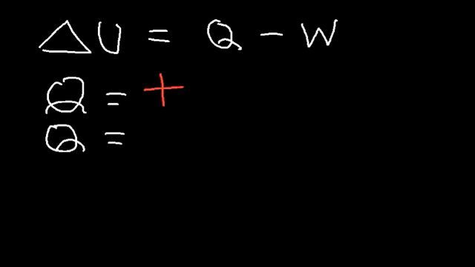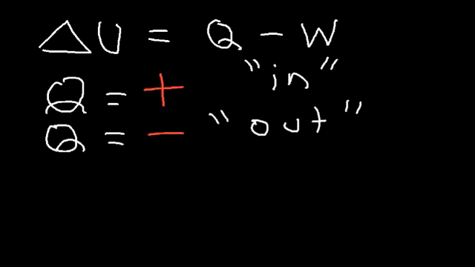And Q is negative when heat flows out of the system. A positive Q value increases the internal energy of a system because heat is entering into the system. A negative Q value will decrease the internal energy of the system.